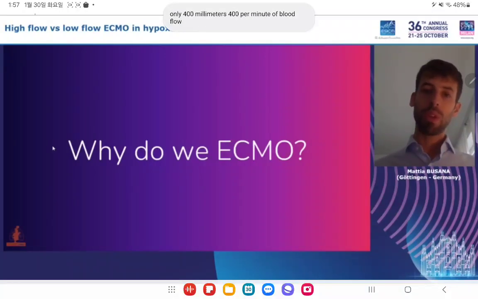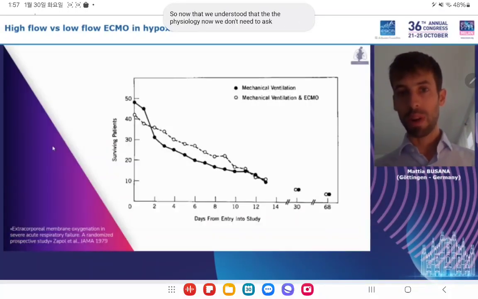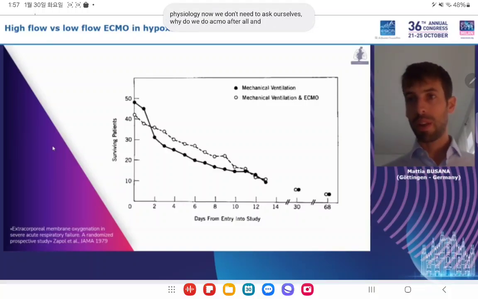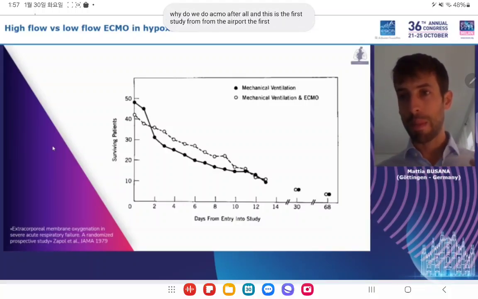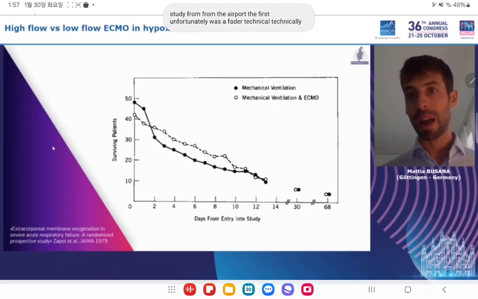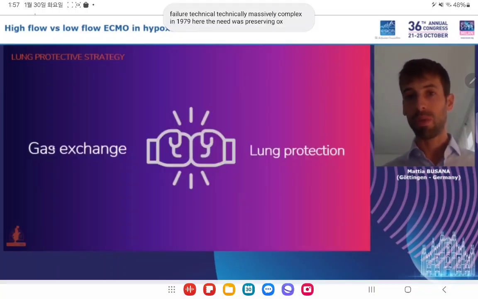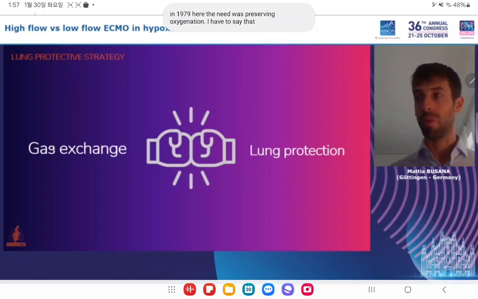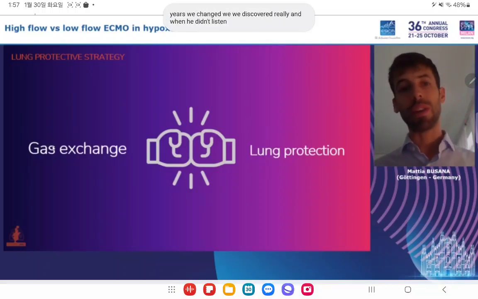So now that we understood the physiology, we don't need to ask ourselves why we do ECMO after all. And this is the first study from Zapol. The first, unfortunately, was a failure, technically massively complex in 1979. Here, the need was preserving oxygenation. I have to say that probably in the years we discovered VILI and ventilator-induced lung injury, and so everything changed.